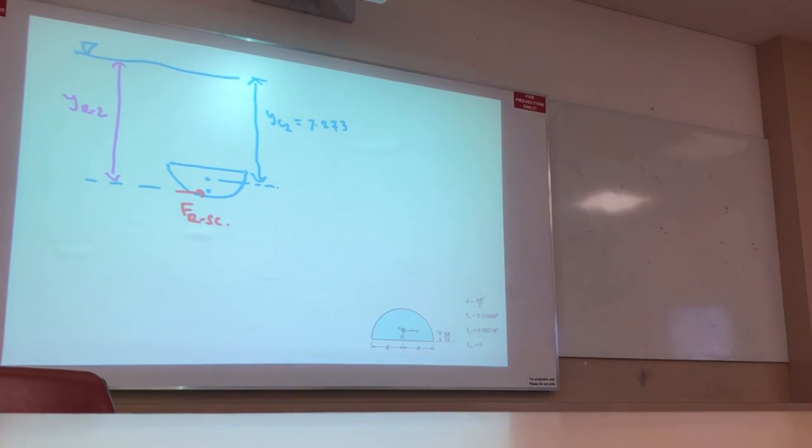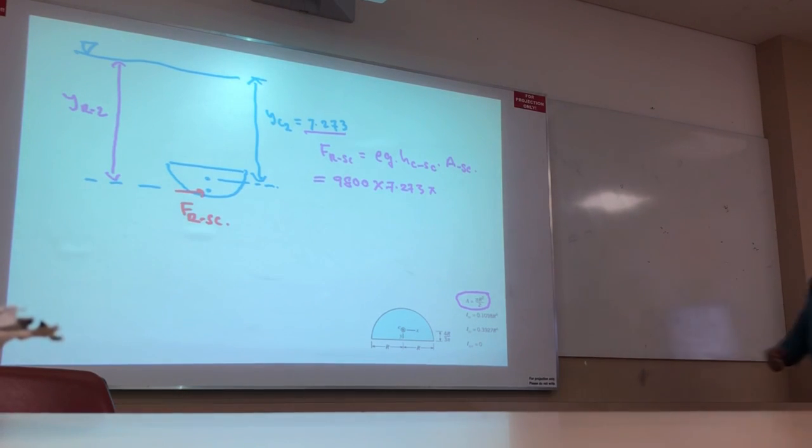Tell me. FR for semicircle, rho g hc, right? For semicircle times area of semicircle, right? So what is the rho g? Rho g is 9800. What is hc of semicircle? This number, 7.273. What is the area of semicircle? Pi r square by 2.